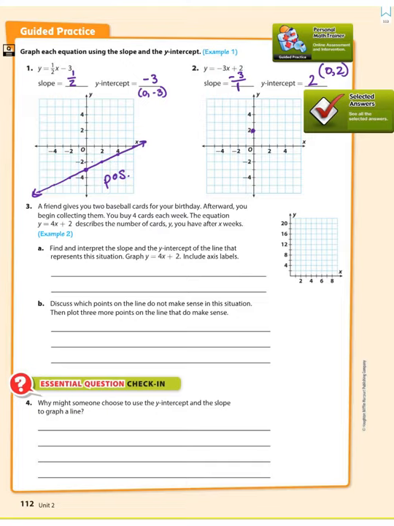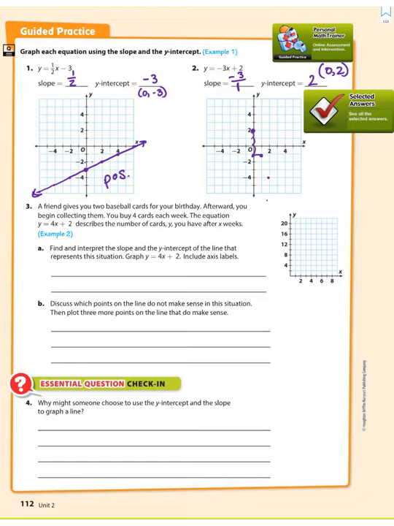So we're going to go down 3 and over 1. So starting here at (0, 2), we're going to go down 3, 1, 2, 3, and over 1. There's our point. We keep going. Down 3, over 1, down 3, and we're off the graph.